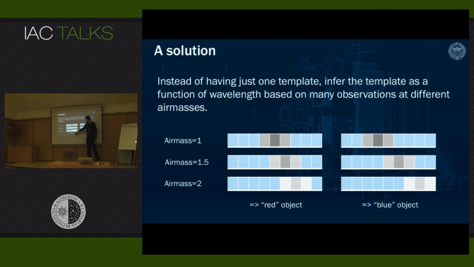So here's an object that I'm going to call red. So this is that object seen in the zenith. This is slightly off. This is at very low elevation. So it gets shifted by a pixel kind of between these 3 positions. Whereas if I have an object that's very blue, it gets shifted more.